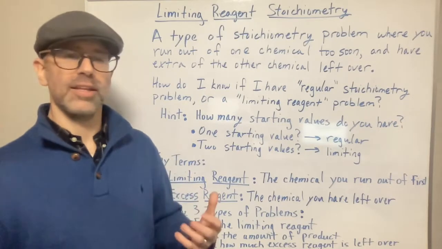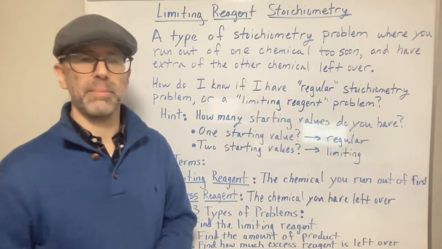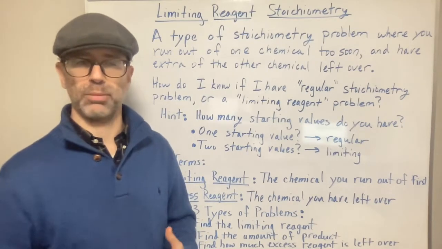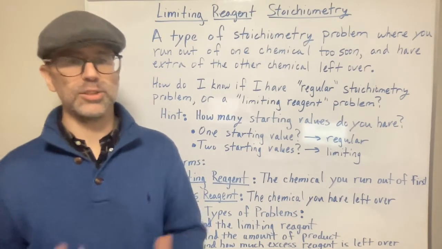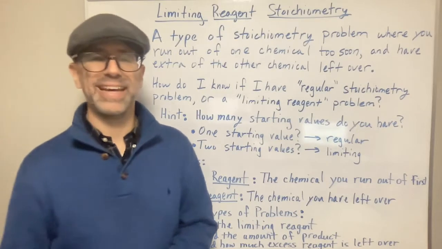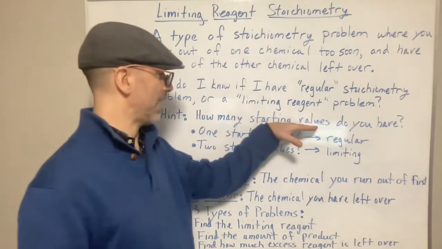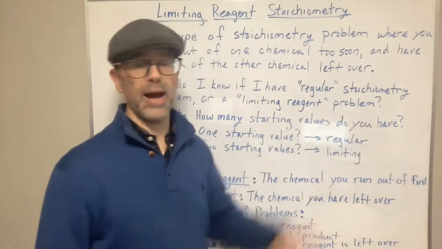Okay, so the next question you might be asking is, how do I know if I have a regular stoichiometry problem or a limiting reagent stoichiometry problem? Well, the hint is to ask yourself, how many starting values do you have?